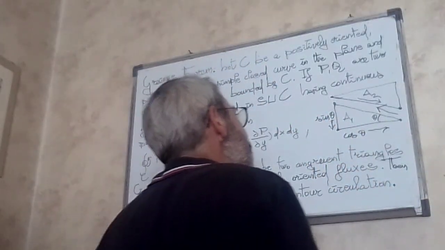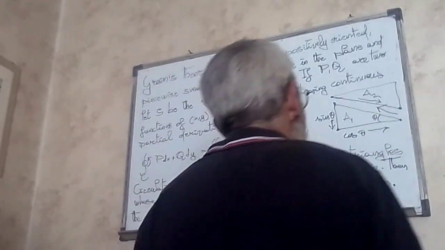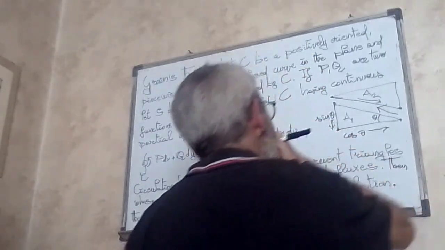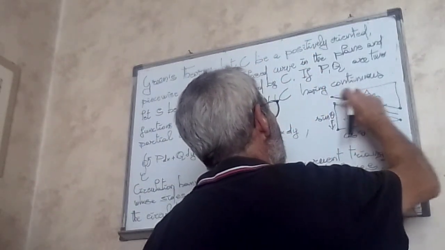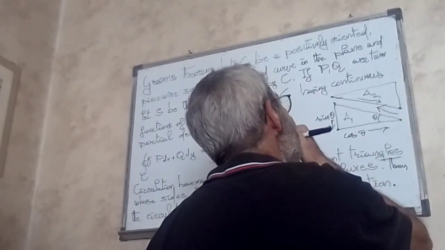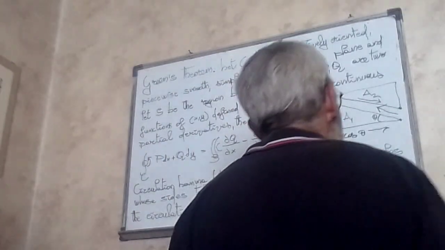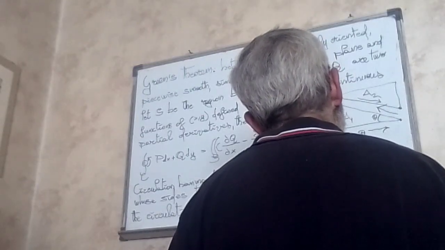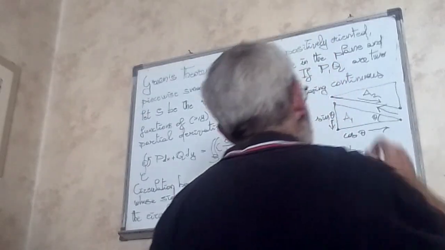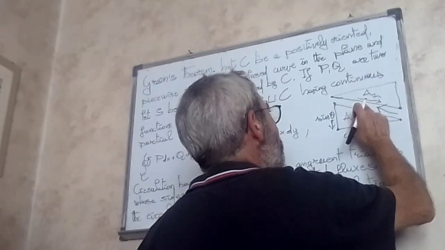So that imagine to join the two congruent triangles so that we can obtain a rectangle. And of course, as I've said, the inner circulation is void because the two fluxes mutually cancel out.